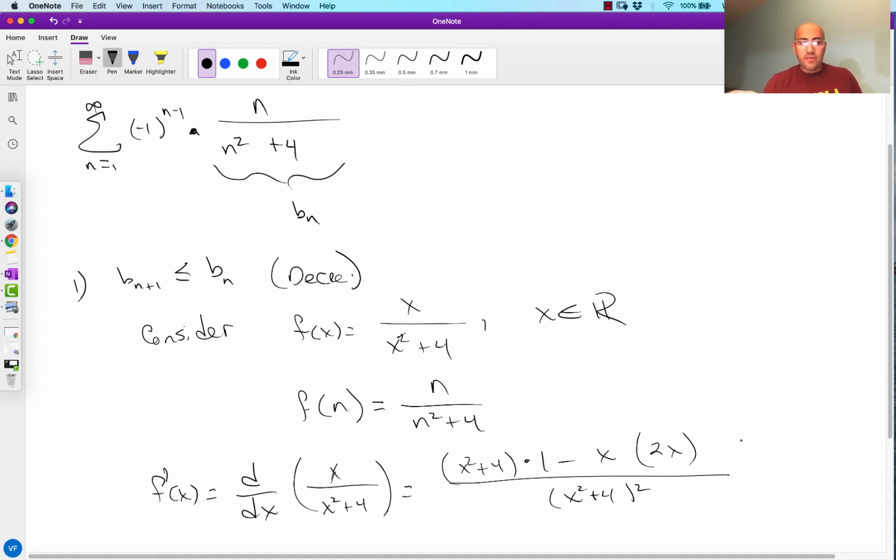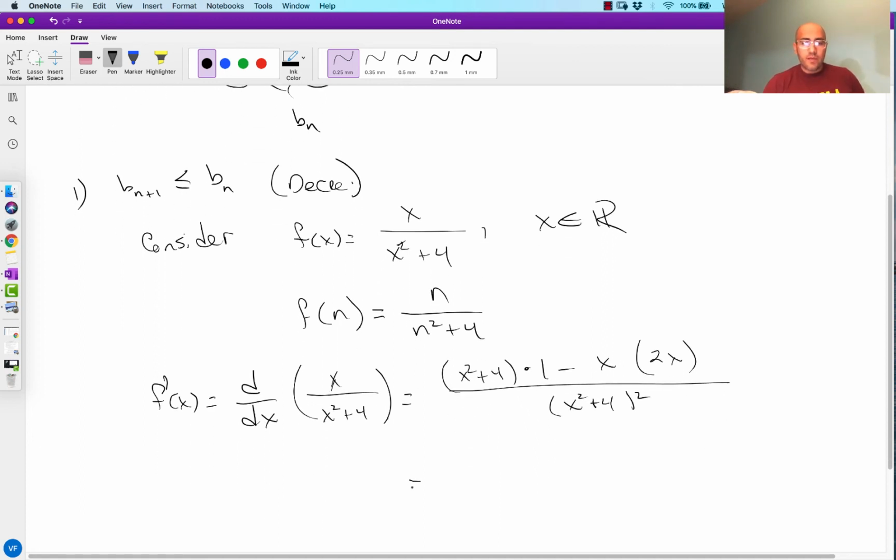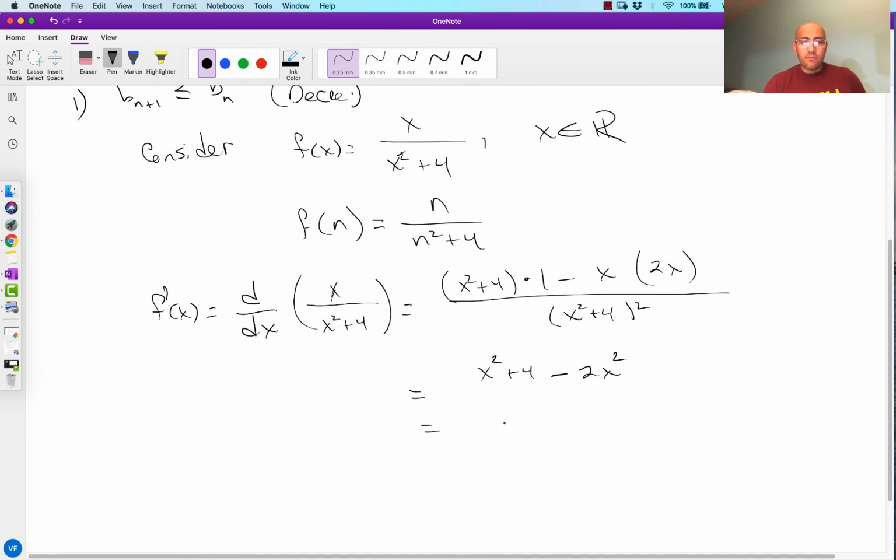So that's going to give me x squared plus 4 minus 2x squared, which then gives me 4 minus x squared. Oh, sorry, all over x squared plus 4 squared.